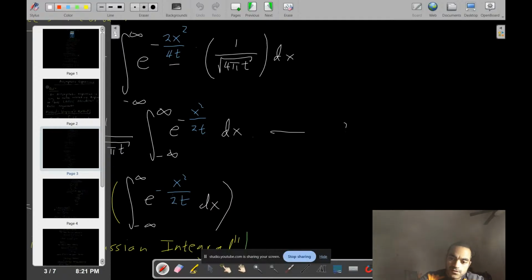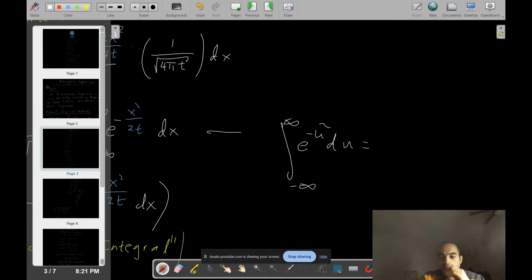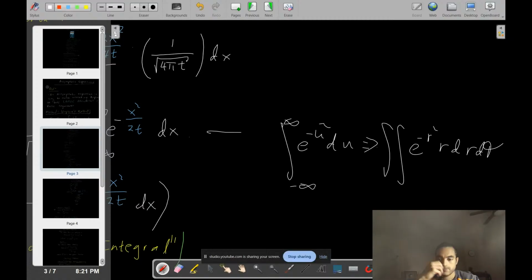So you could have said that this integral from minus infinity to infinity of e to the negative u squared, let's say, it doesn't matter what I call it, du, can be translated into a double integral of e to negative r squared r dr d theta, a double integral in terms of polar coordinates, where r will be bounded from 0 to infinity, and theta will be going from 0 to 2 pi, because theta has to do with the unit circle, right?